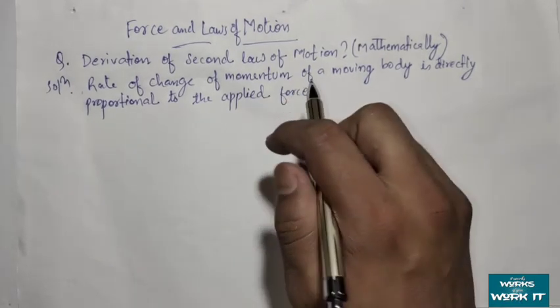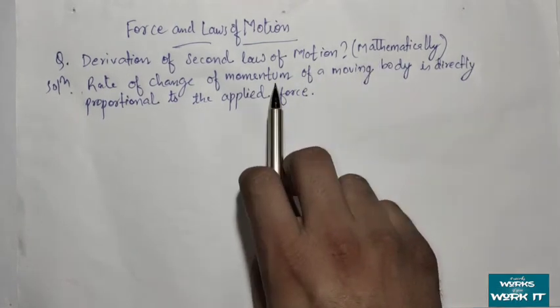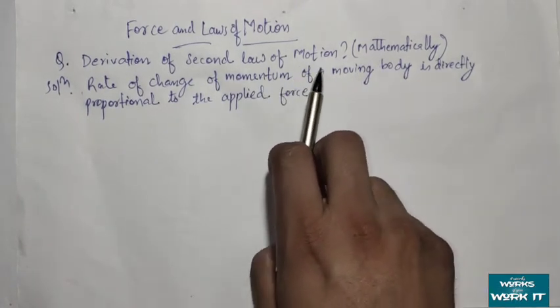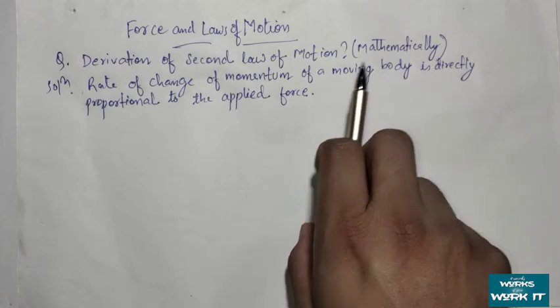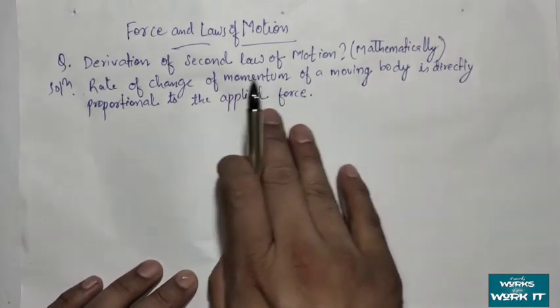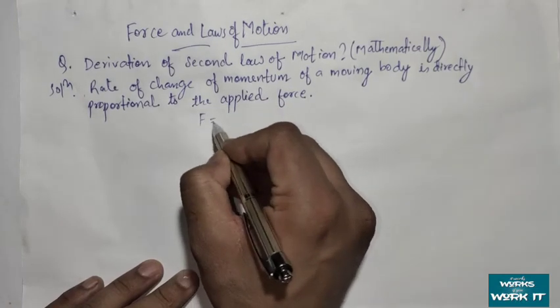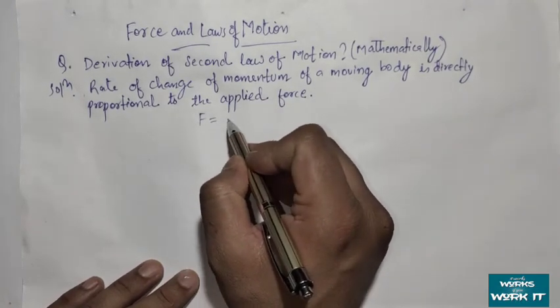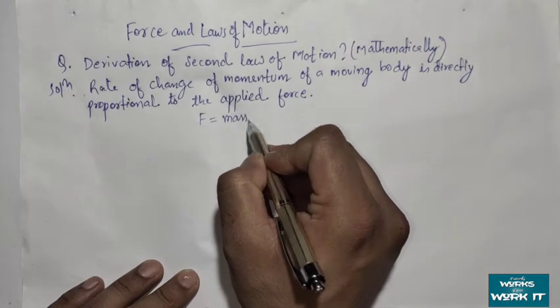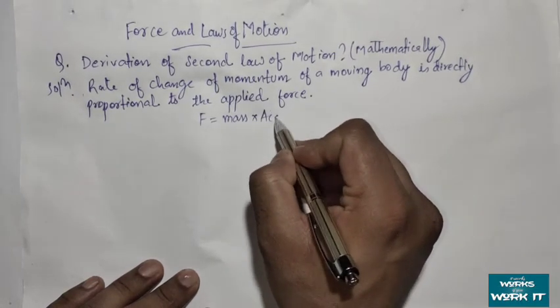But now here in this question we have to state the second law of motion mathematically. If we derive the mathematical portion of the second law of motion, then it will have a formula, that is force is equal to mass into acceleration.